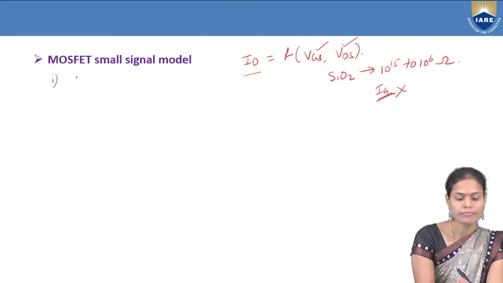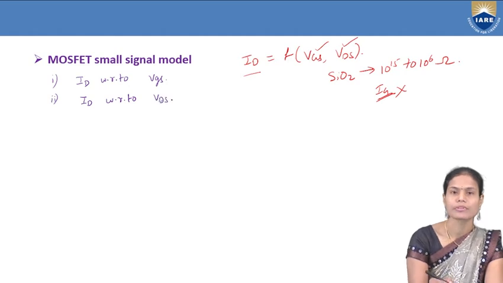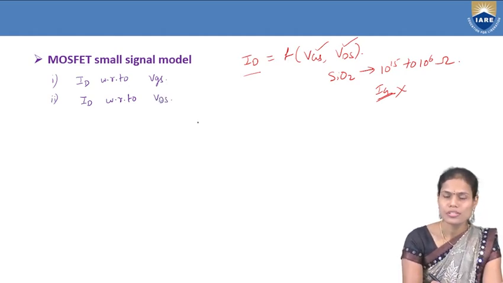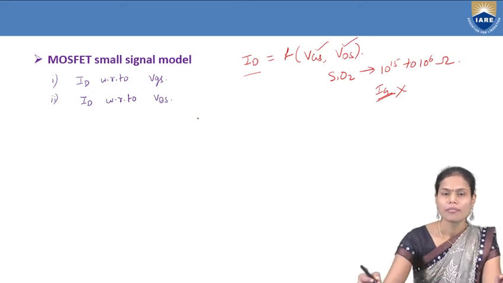The first condition is the variation of ID with respect to VGS voltage, and in the second case we will consider the variation of the drain current with respect to the drain to source voltage. For the small signal analysis, we apply a mixed signal, that is, the combination of AC signal as well as DC signal, for the gate to source voltage or the drain to source voltage.